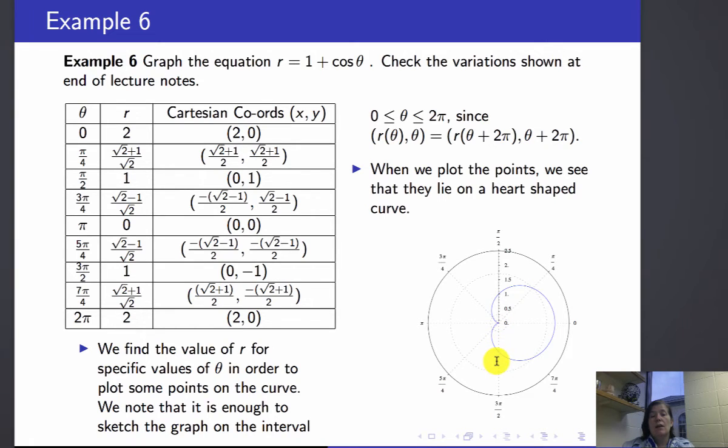And then again, as the angle sweeps from 3 pi over 2 to 2 pi, the distance from the origin gradually increases until I get to 2 pi, where the distance from the origin is 2. And then, of course, as the angle increases, we trace out this curve over and over. So this is a heart-shaped curve, and it's commonly called a cardioid.